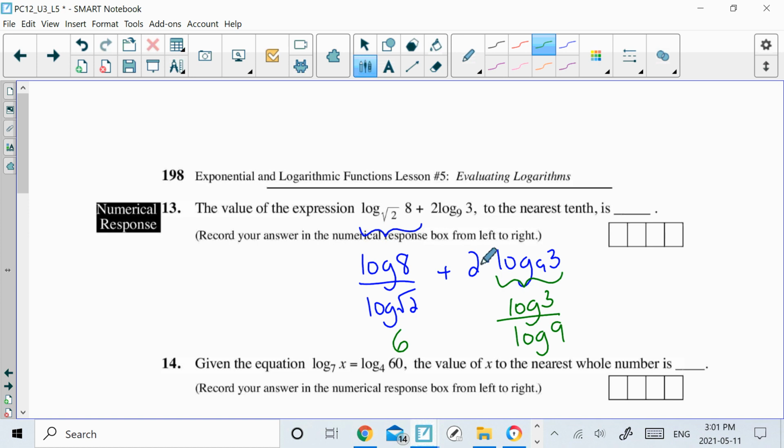And then to that, you were going to multiply it by 2. So what we would get is 6 plus 2 times 1/2. That would be 6 plus 2 over 2, which is 1, and your answer would be 7. And then it says to the nearest tenth, so you would write down 7.0.